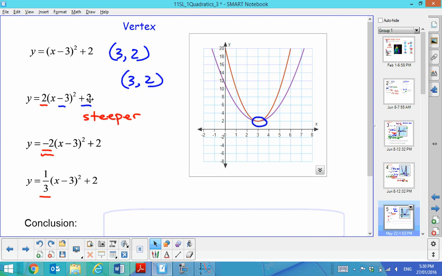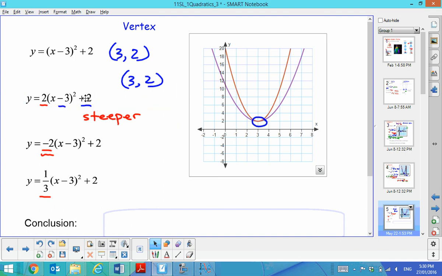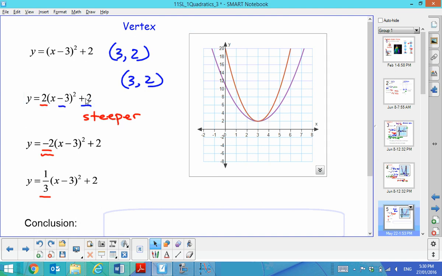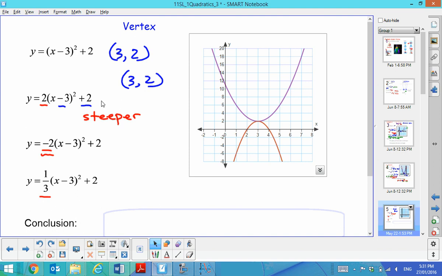Let me shift that out of the road. See if that makes a difference. Right, now we're better. Okay, this one here, let's put this on. What do we notice? Upside down.